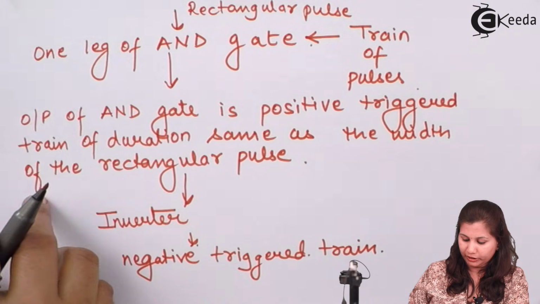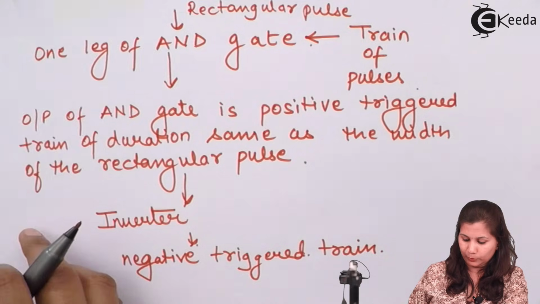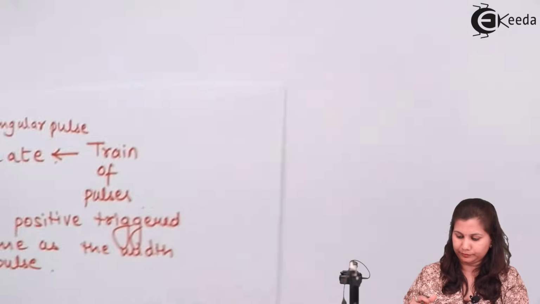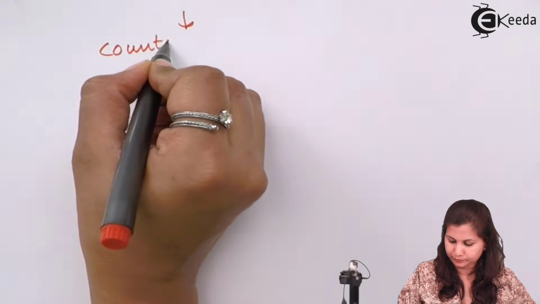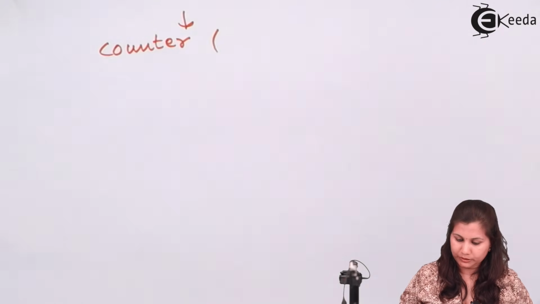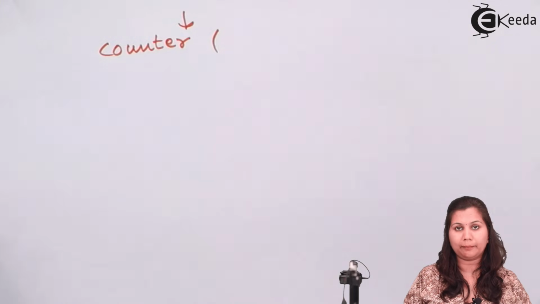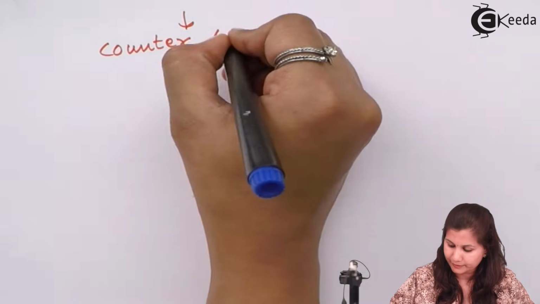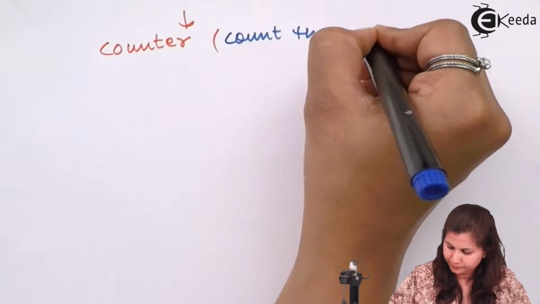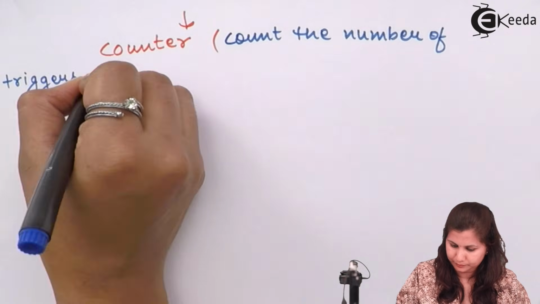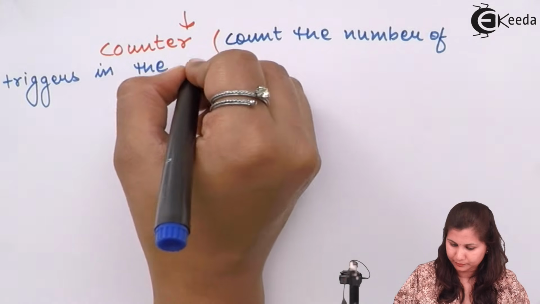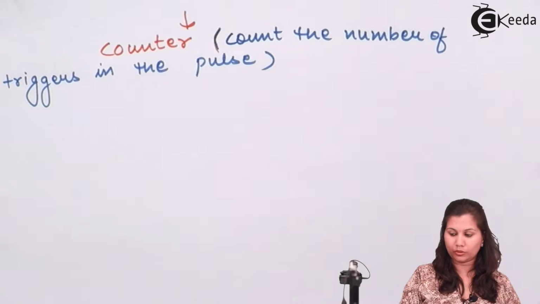Now the output of the inverter is given to the counter. The counter is going to count the number of triggers in the pulse.